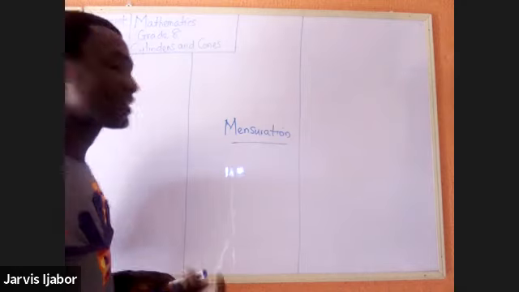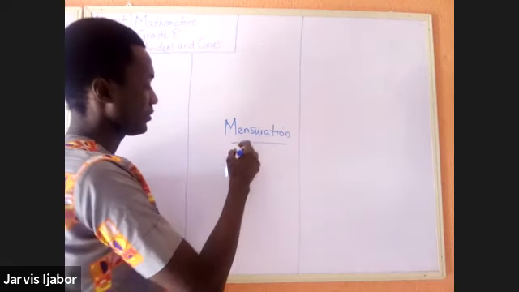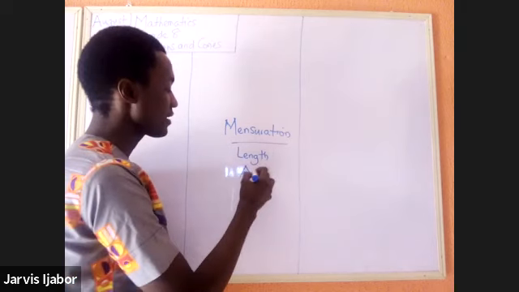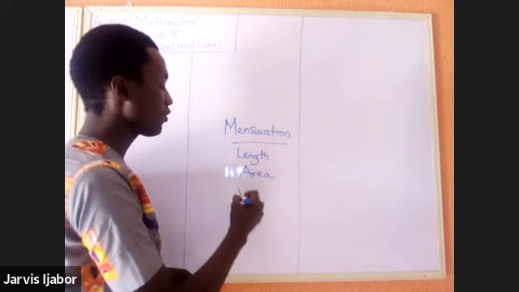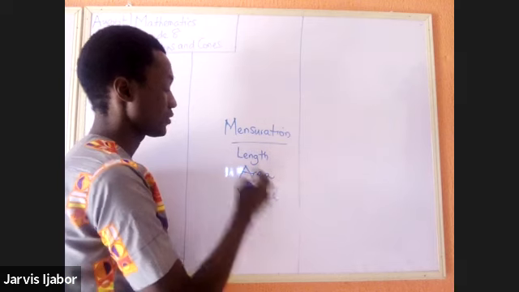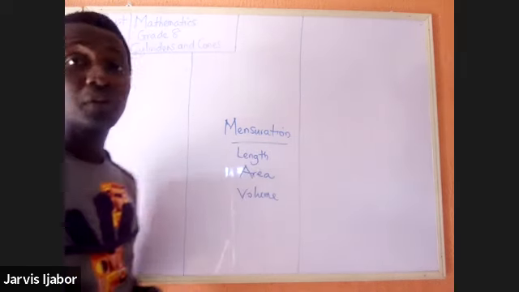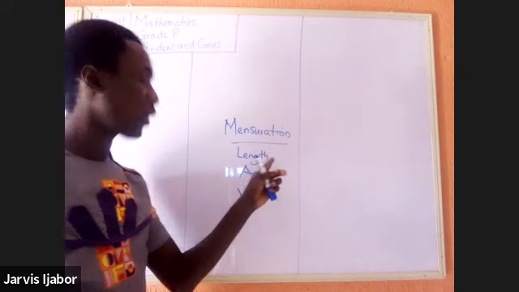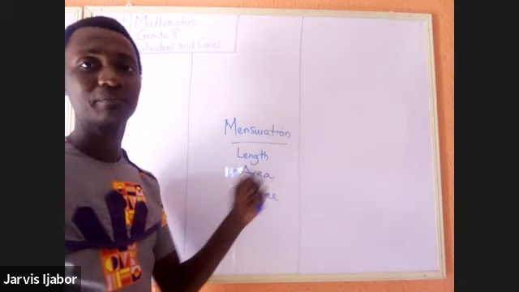And what are the things you can measure? You can measure length, you can measure area, and you can measure volume. So these are the three things you can measure. Whether you call it length, breadth, or height, they all fall under length.